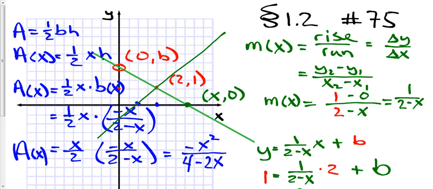The line and the x and y axes create the triangle in quadrant 4. So I'm not going to be able to use anything. I can't use 2. I can't use anything less than 2. So what is the domain of my function?